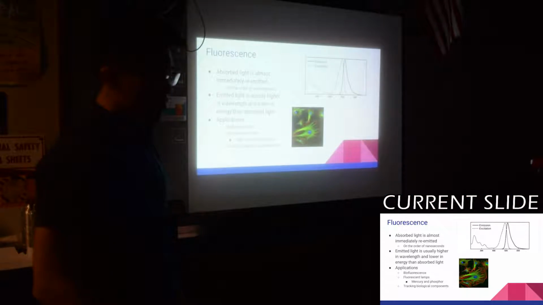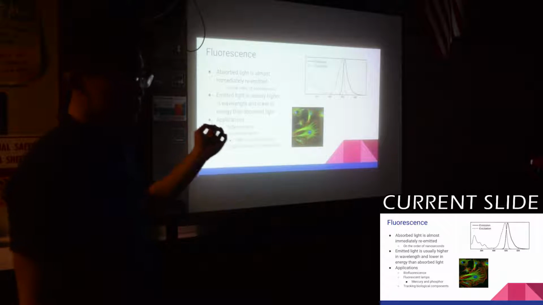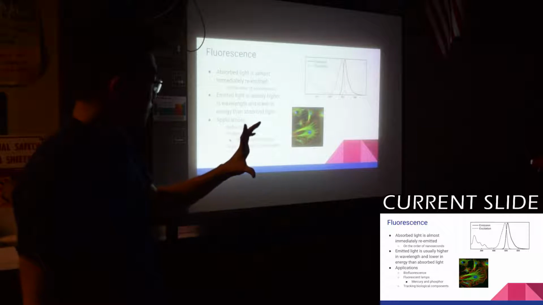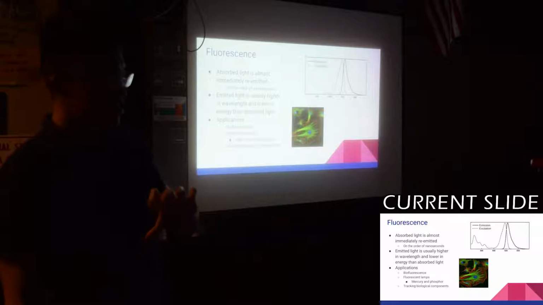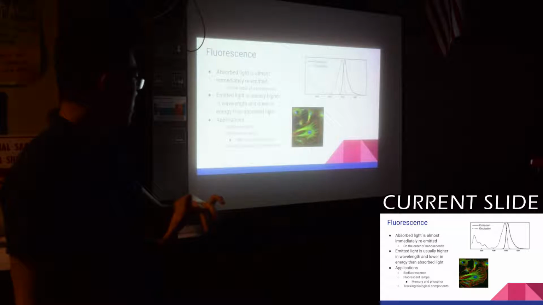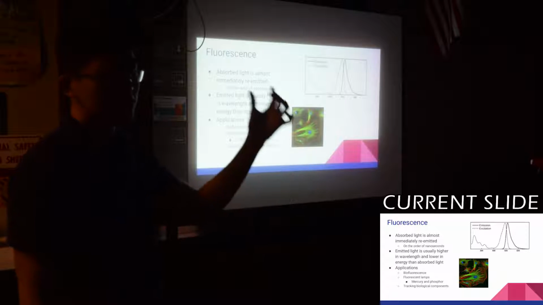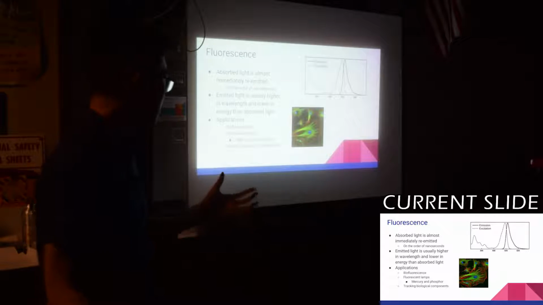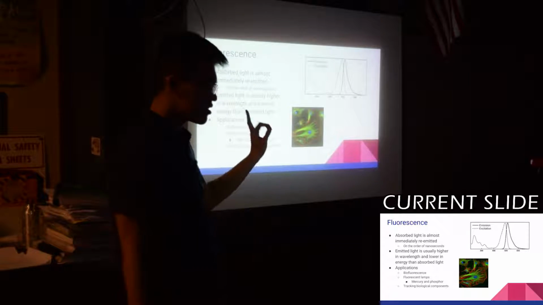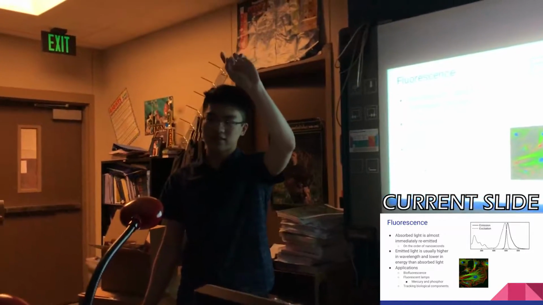For organisms, there's biofluorescence, which is almost the same thing as chemiluminescence, but when light shines on it, it glows, like fireflies. Then there are fluorescent lamps. The usual fluorescent lamps all have mercury in them, and they have something called phosphor.